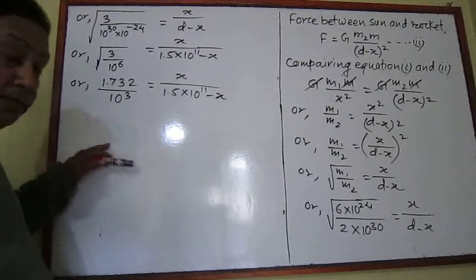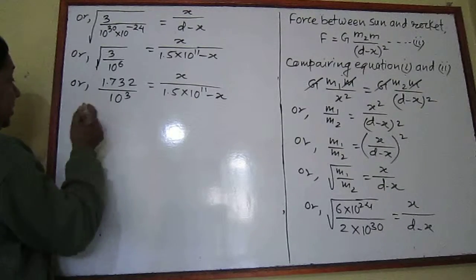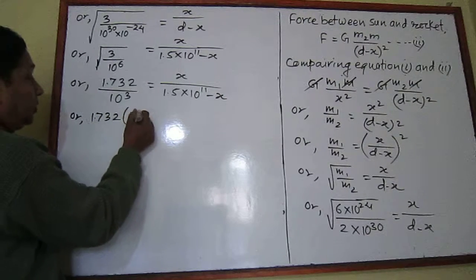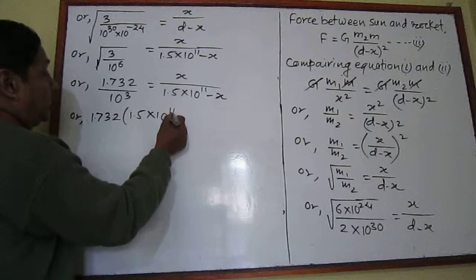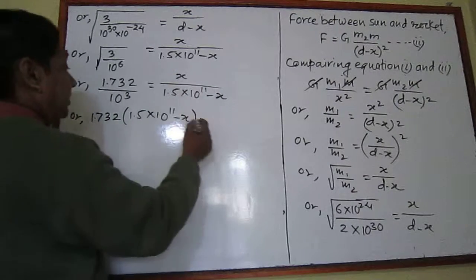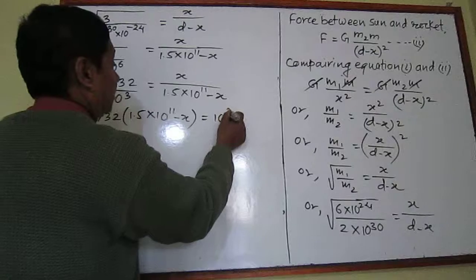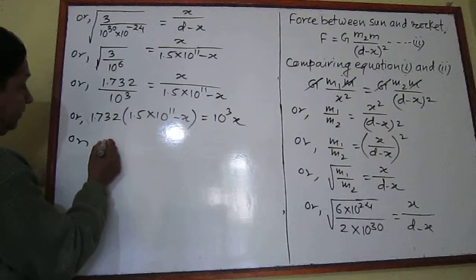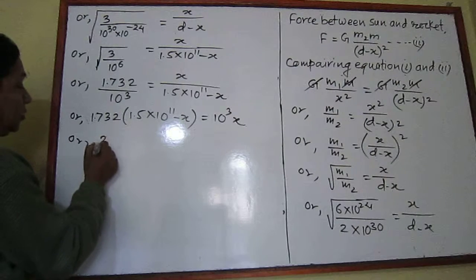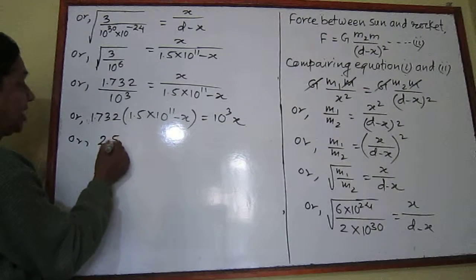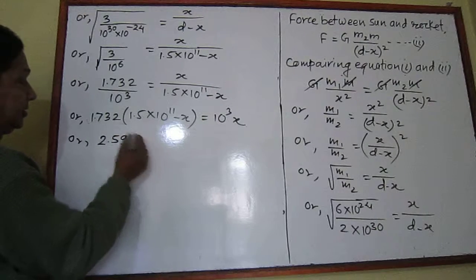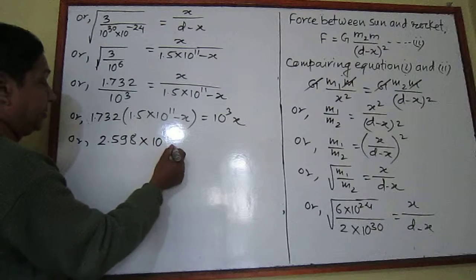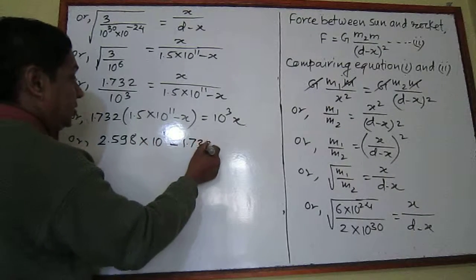Now look at this again. If we take the left hand side, we have 1.732 times 1.5 into 10 to the power 11 minus x. 10 to the power 3 taken to the right hand side gives 10 to the power 3 x. If we multiply these two, we have 2.598 into 10 to the power 11 remains the same, minus 1.732x.